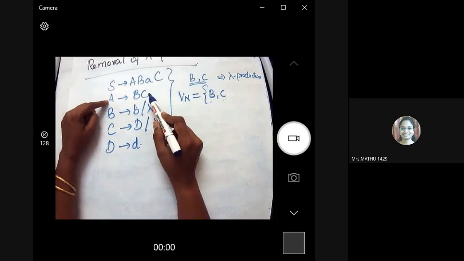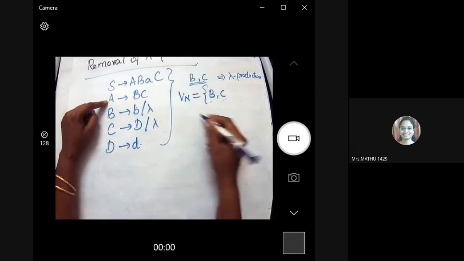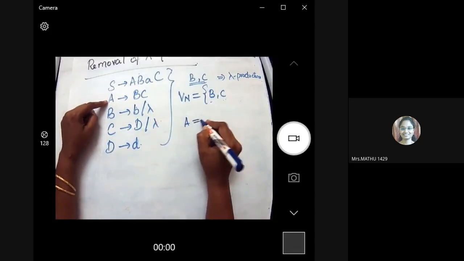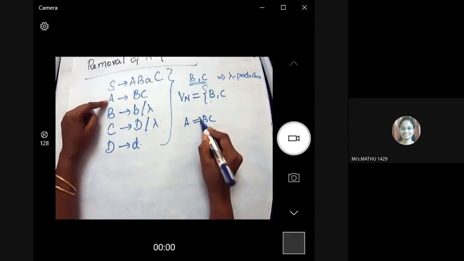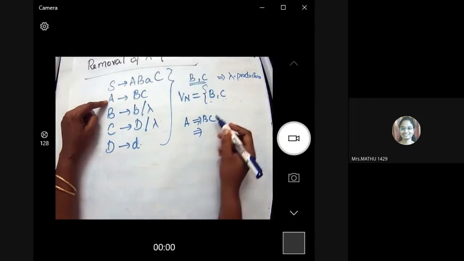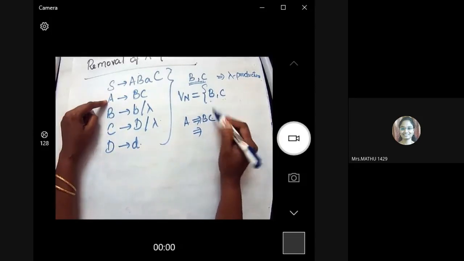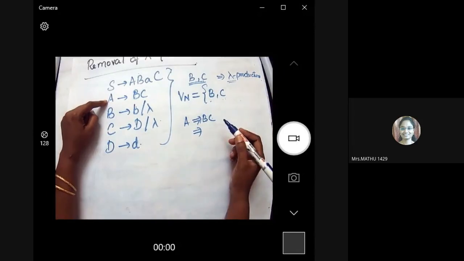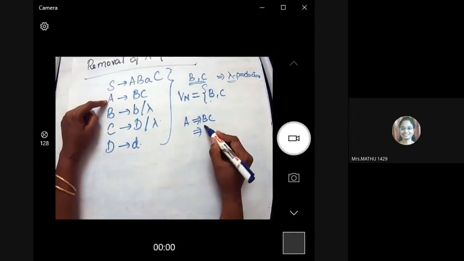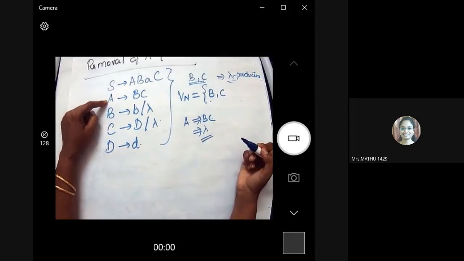But when you come to A, what is this A production? A gives BC. A derives BC, and both B and C are nullable variables, or lambda productions. So if you apply lambda to both of these, then this will become lambda. Are you able to understand this?